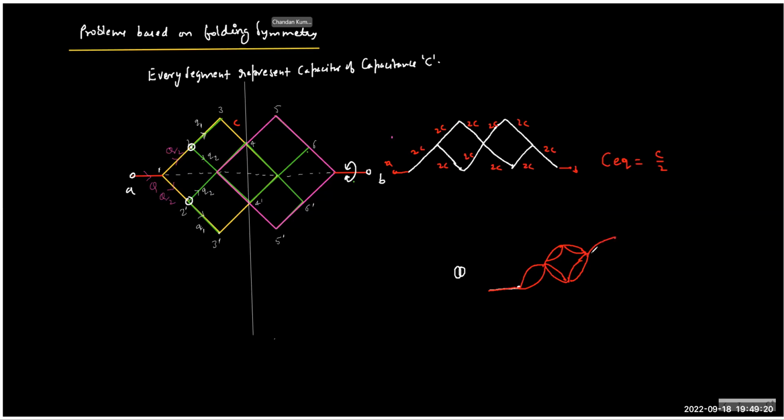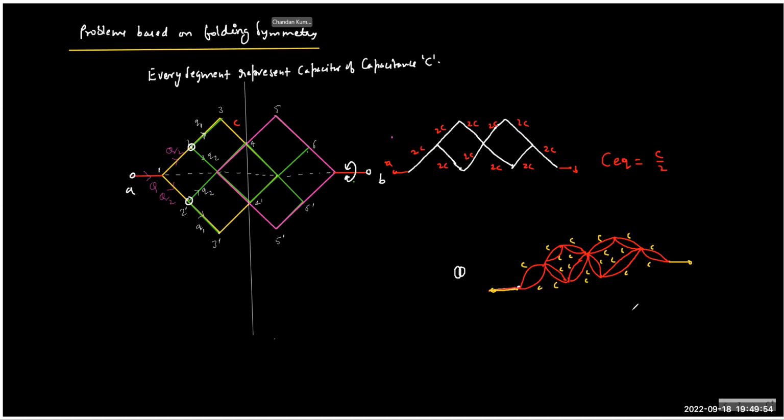Do you realize this? So this is the actual circuit, isn't it? Which we can draw better, because both are in parallel. I hope you understand what is going on.